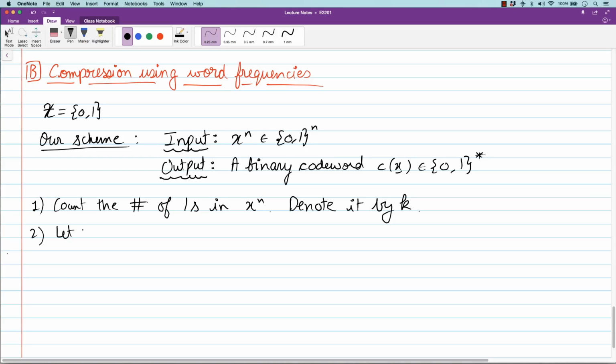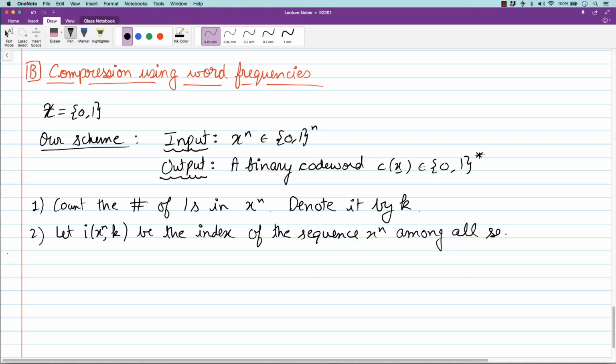Let I(x^n, k) be the index of the sequence x^n among all sequences with k ones.